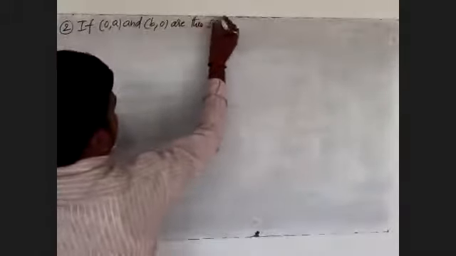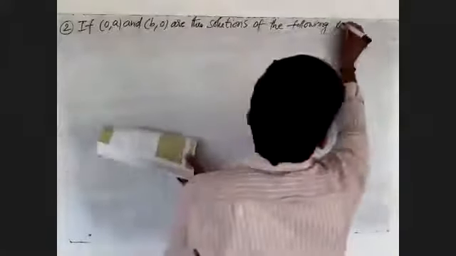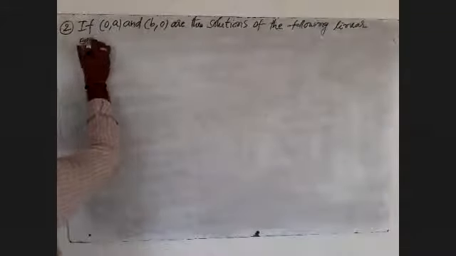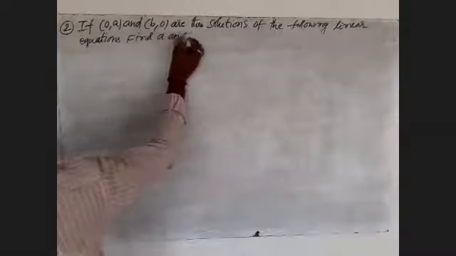If (0, a) and (b, 0) are the solutions of the following linear equations, find a and b.